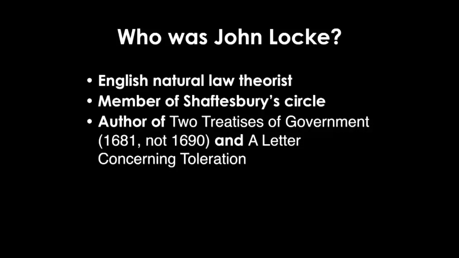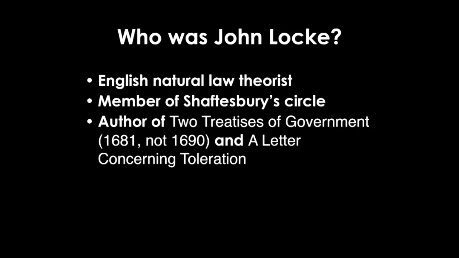More recently, scholars have discovered that it was actually written in 1681, so it was not anything to do with 1688. However, it was written in the course of planning for something called the Monmouth Rebellion, which was a failed version of 1688. So it's not that surprising that it turns out to have been confused as a justification for 1688.